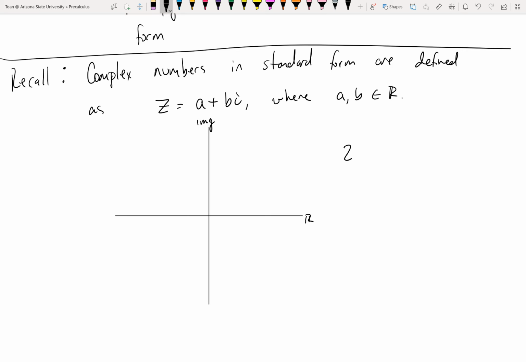So if I were to take a random arbitrary complex number, say z sub 1 is, I'm just making up some numbers here, 2 plus 3i. What that looks like is, on the real number line, the real component is 2, so I'll go 2 tick marks. I'll draw all the tick marks here.